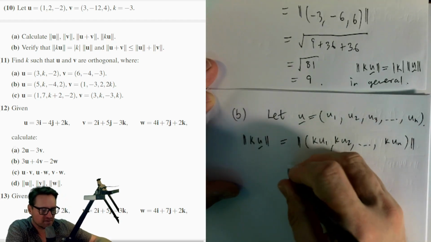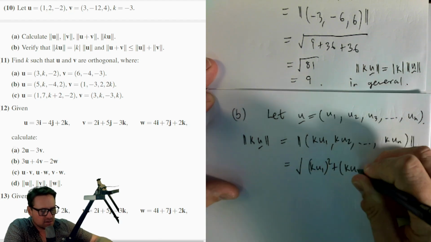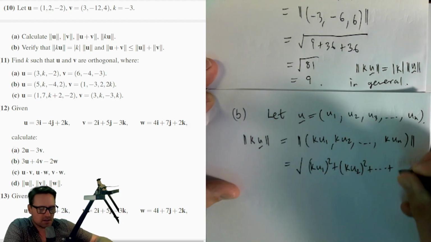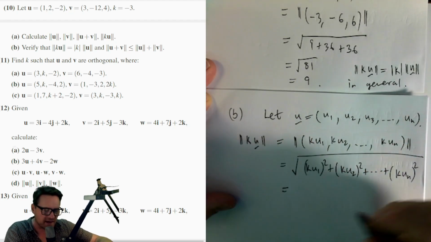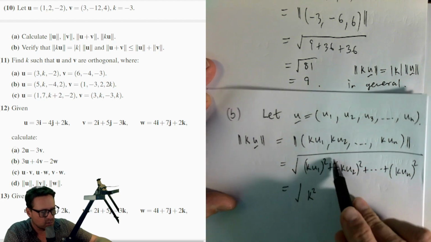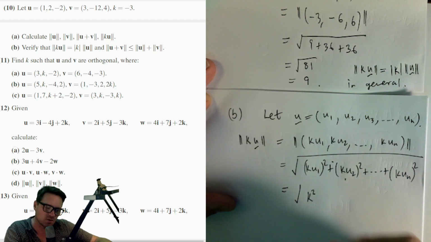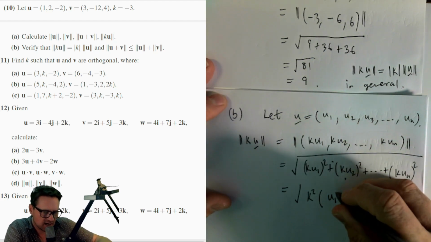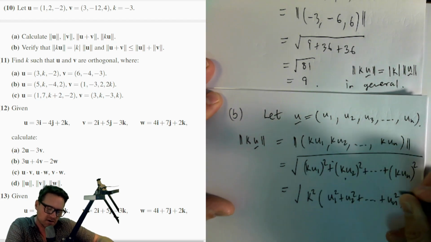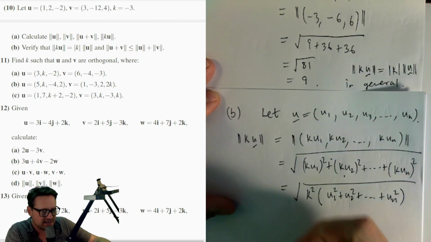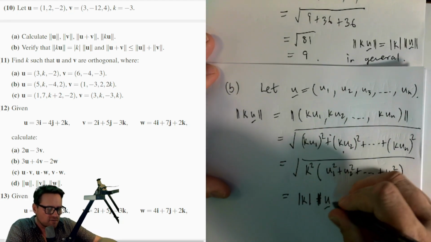Okay, now taking the norm of this, we have the square root of k u1 squared plus k u2 squared, and so on, up to k un squared, square root. So expanding this, factorizing gives k squared u1 squared, k squared u2 squared, and so on, but there's a common k squared, so we can write k squared outside of u1 squared plus u2 squared, and so on, up to un squared. Now the square root of k squared is the absolute value of k, and so then what we have left over is the norm of u.